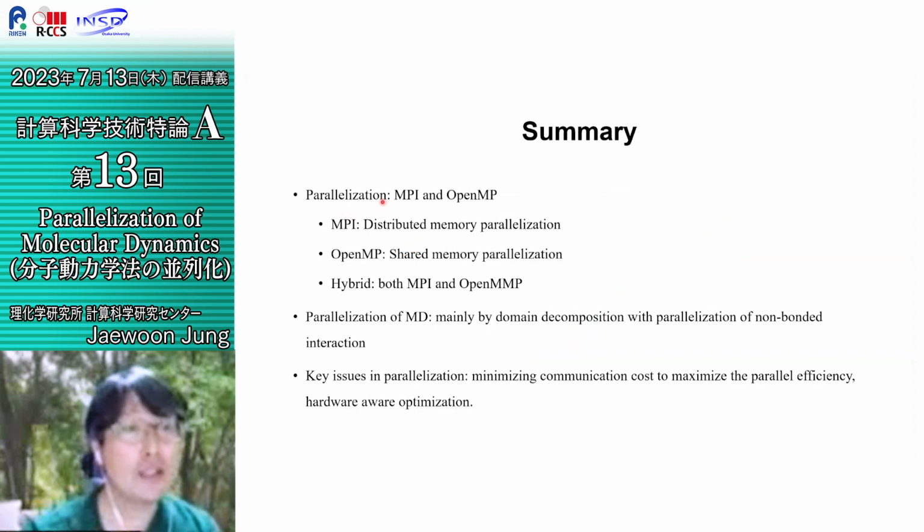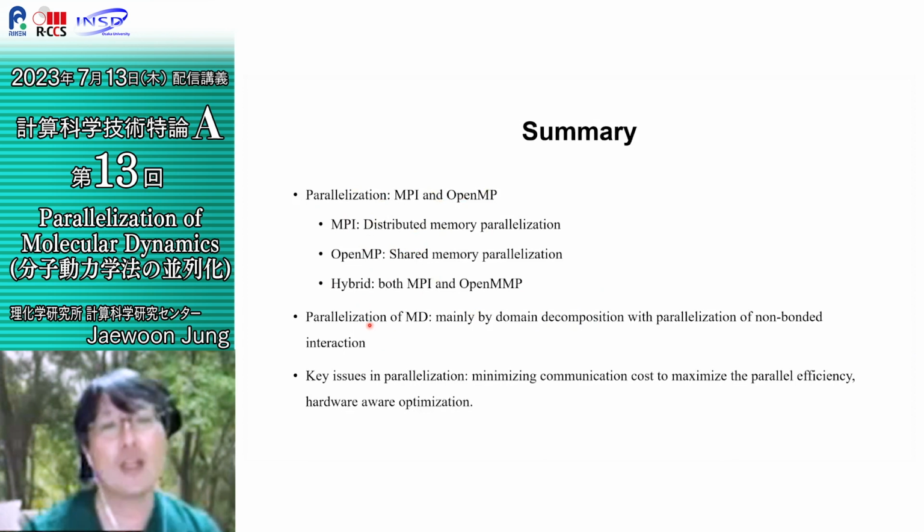For parallelization, here I explained MPI and OpenMP. MPI is one of the representatives of distributed memory parallelization. OpenMP is shared memory parallelization. But in many cases, we make use of hybrid parallelization by combining MPI and OpenMP.